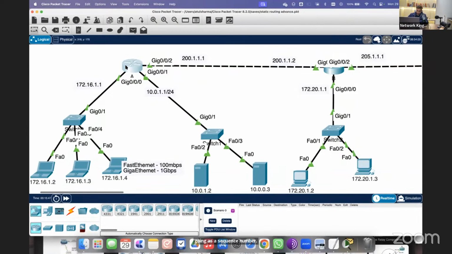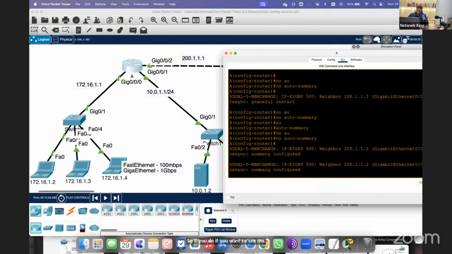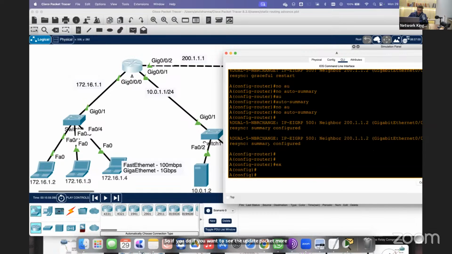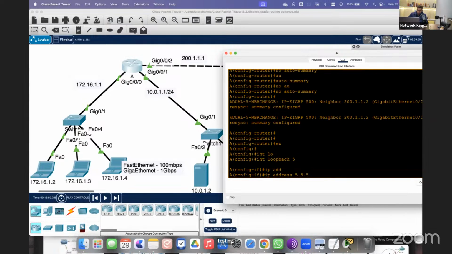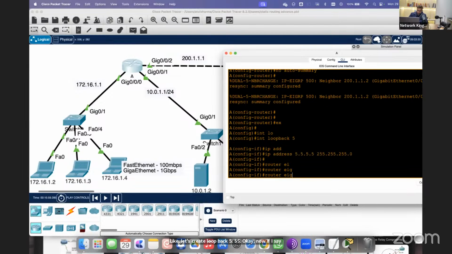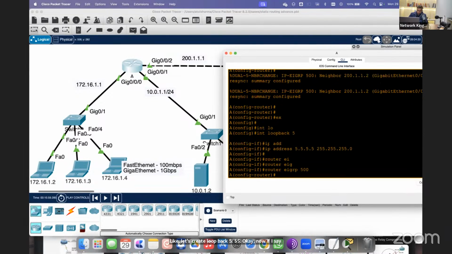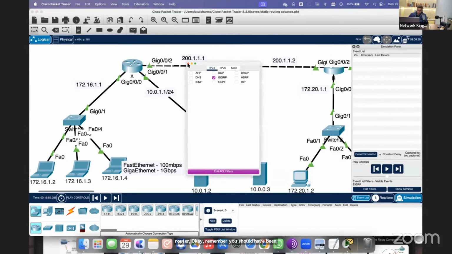If you want to see the update packet more clearly, just create a loopback for testing. Let's create loopback 5. See, loopback comes in very handy, that's why I say learn it. Now if I say router eigrp 500, remember you should be in simulation mode with the EIGRP filter on.